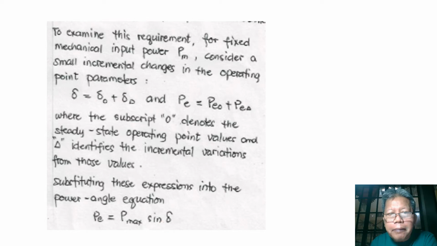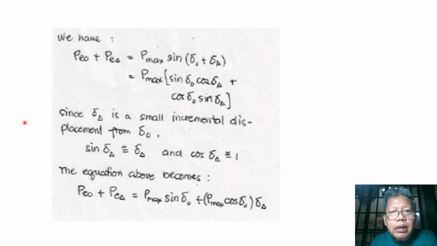our power angle equation becomes PEO plus PE delta is equal to P max sine of, instead of delta, we have delta O plus delta delta.